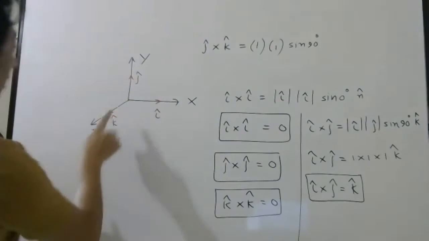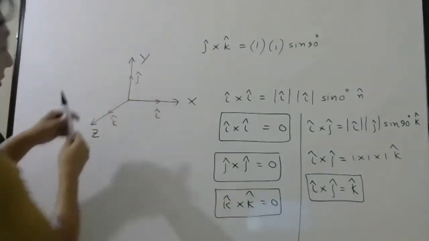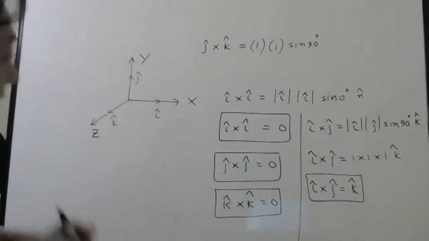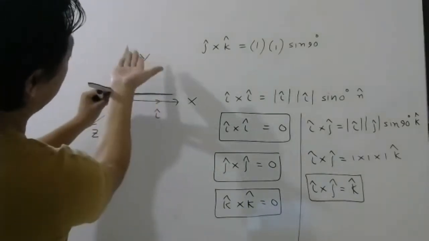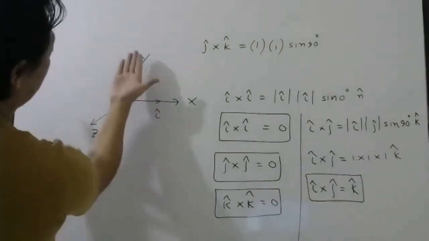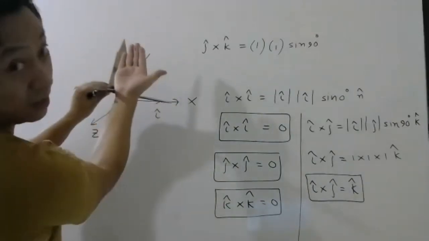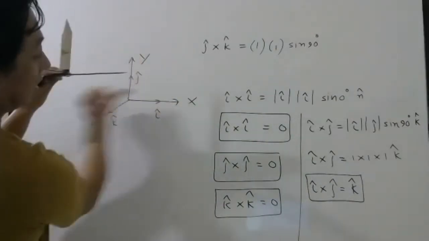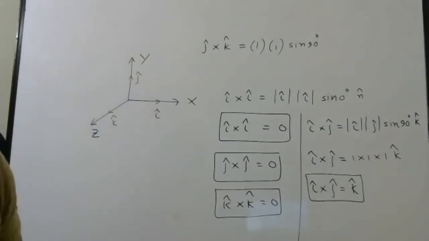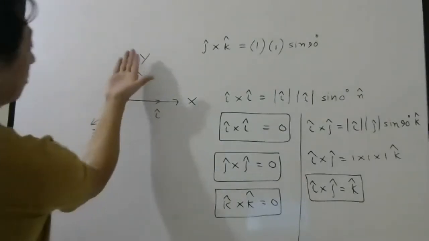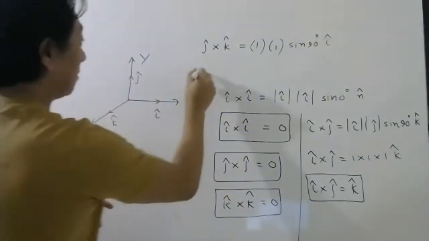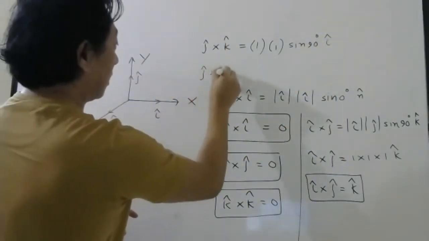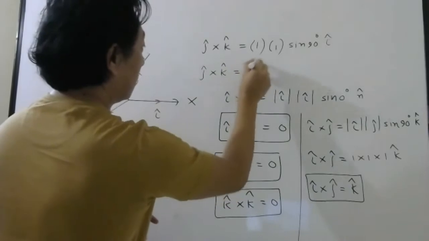Check where this is. j cap is here, k cap is here. So if I do j cross k, I will get this vector. J cap cross k cap will be i cap. So please remember, j cap cross k cap is i cap.